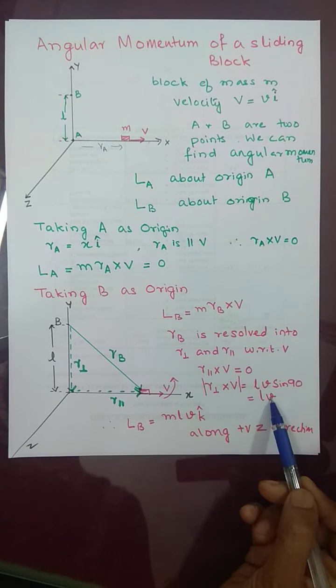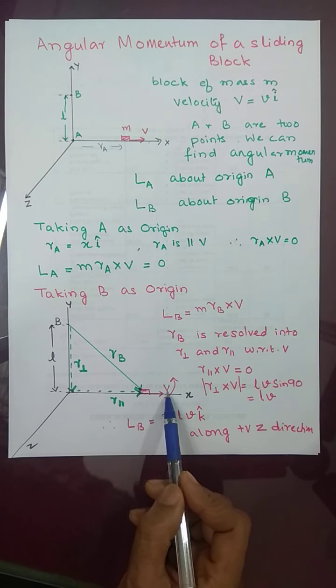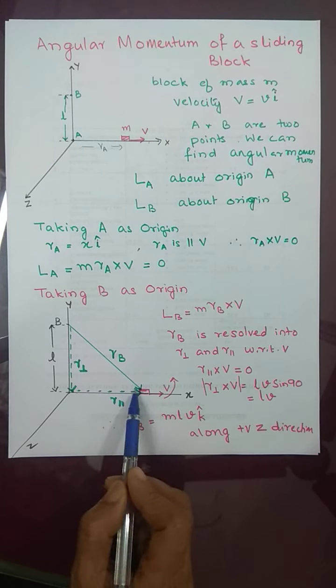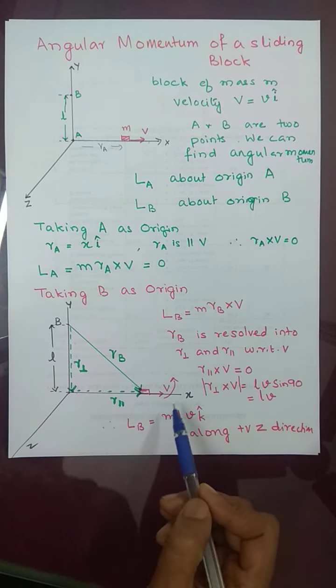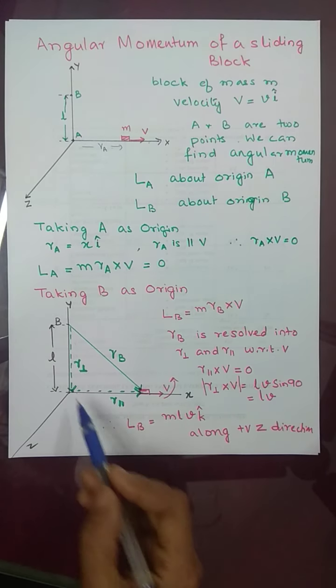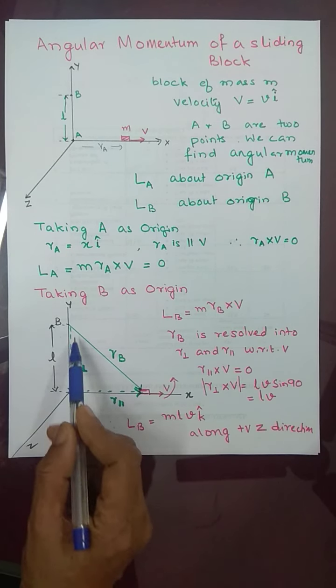Now what is the direction? These two vectors, R perpendicular and V, are in the XY plane. So the cross product of these two vectors will be along the Z direction. Now we have to find out whether it is positive Z direction or negative Z direction.